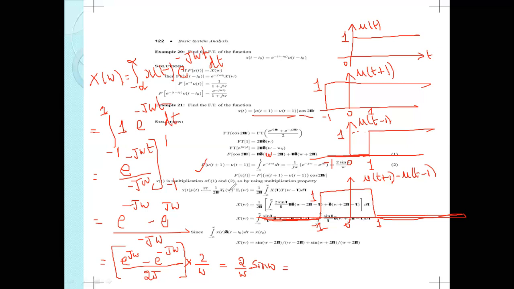So consider X1 of omega as 2 pi into X1 of tau d tau, and the Y value is wherever Y1 of omega is there, it becomes omega minus tau.